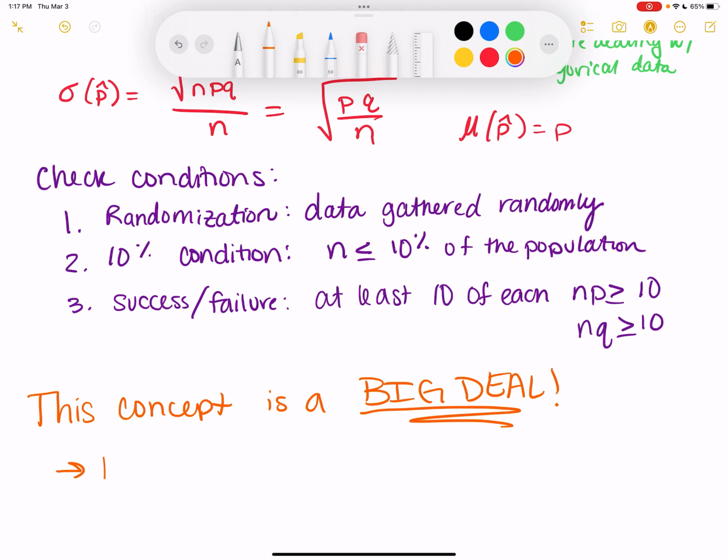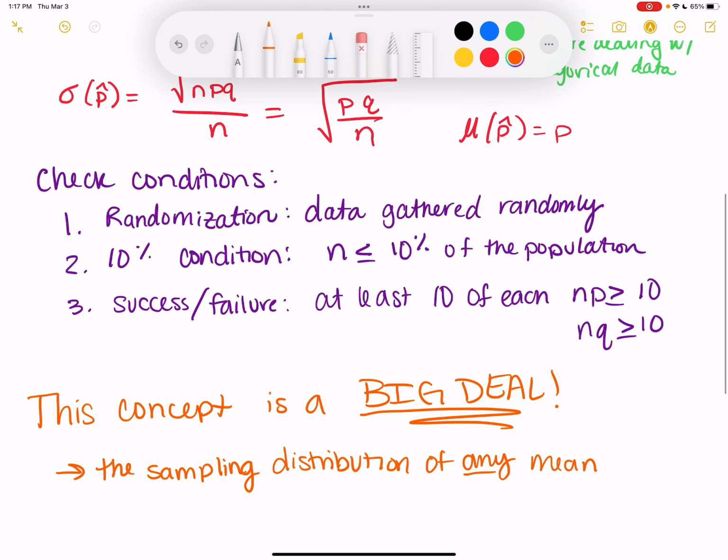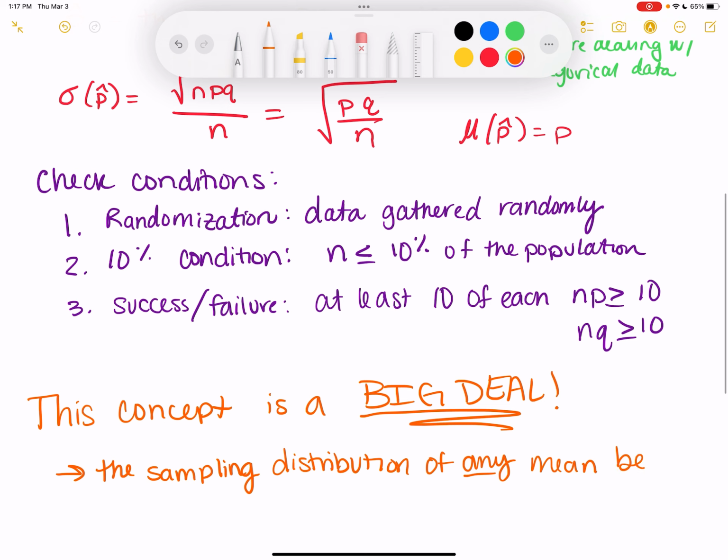I'll be fine. The sampling distribution of any mean becomes more nearly normal as the sample size grows.